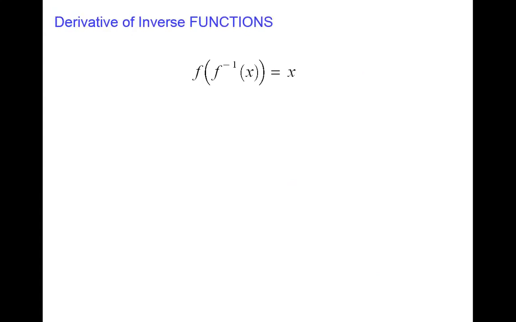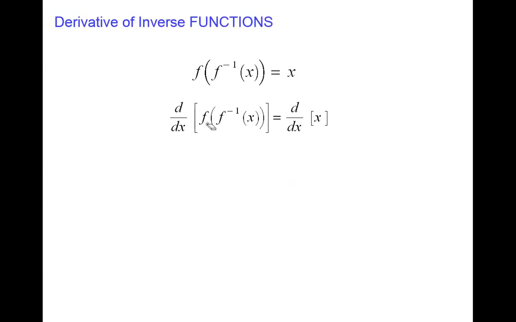I will differentiate the left- and the right-hand side with respect to x. Can you tell me what's the derivative of x? Of course, thank you. You're not sleeping. On the right-hand side, you will see 1.